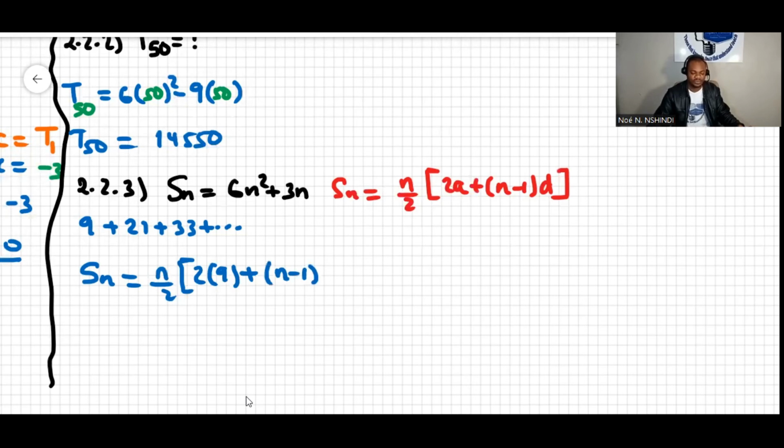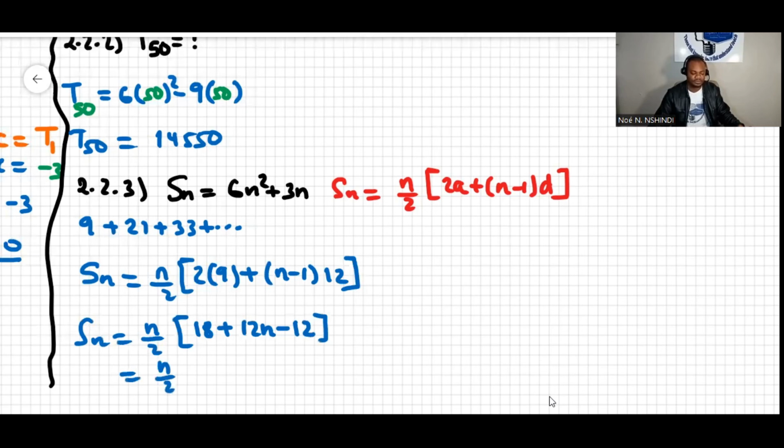The difference here is 12, the constant difference. So Sn will be equal to n over 2, that makes 18, plus 12n minus 12, and that makes n over 2 times 12n plus 6.